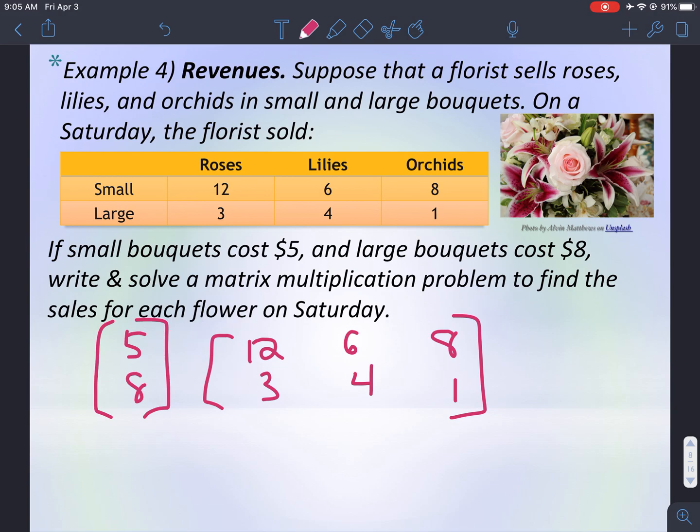So the one trick we have to do is set up the price matrix as a row. This is a 1 by 2 matrix times a 2 by 3 matrix. So that works.